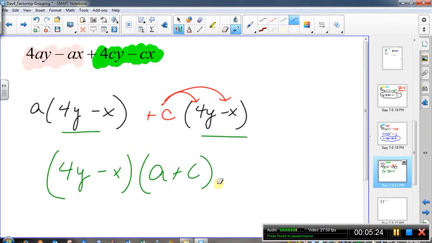Again, to check this, I'm going to do a quick FOIL to see if it's all working out. I can do first terms for ay, outer terms plus 4cy, inner terms minus ax, and last terms minus cx, and you can check term by term. They're not in the same order, but that doesn't matter because you can move those terms around and still end up with the same result.